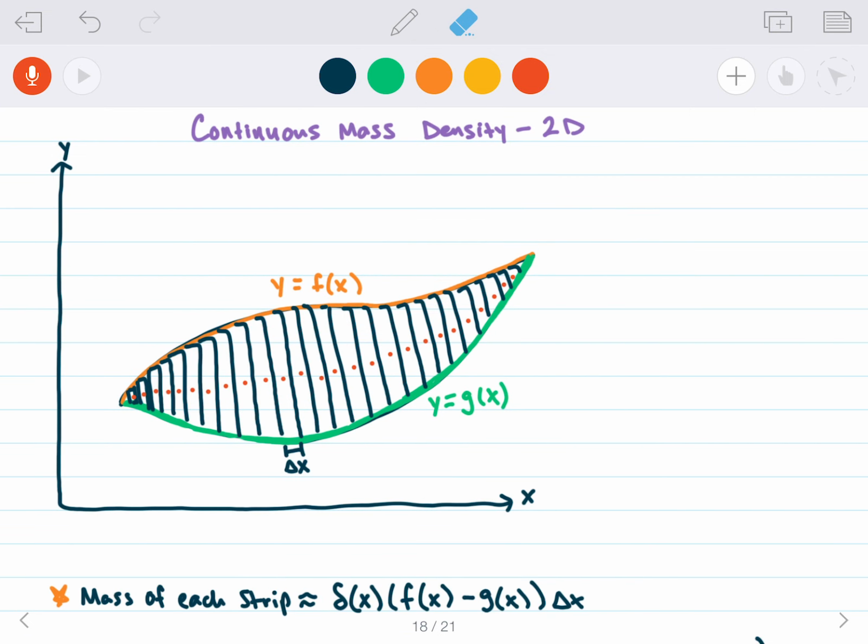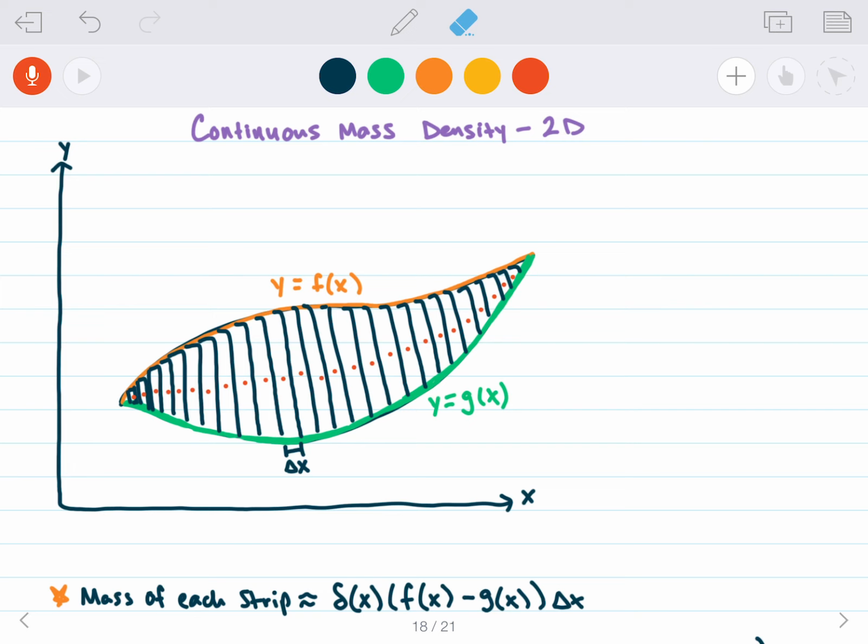Okay, so let's talk about finding the center of mass in the two-dimensional case. So here I have this region that is bounded by the curves y equals f of x in orange and the curve y equals g of x in green.